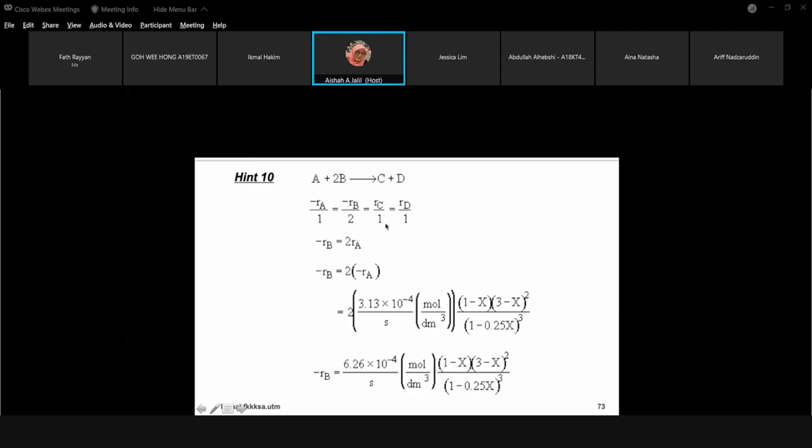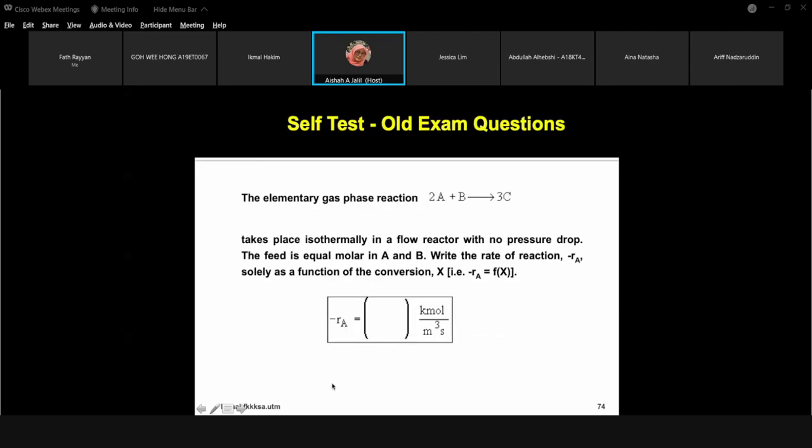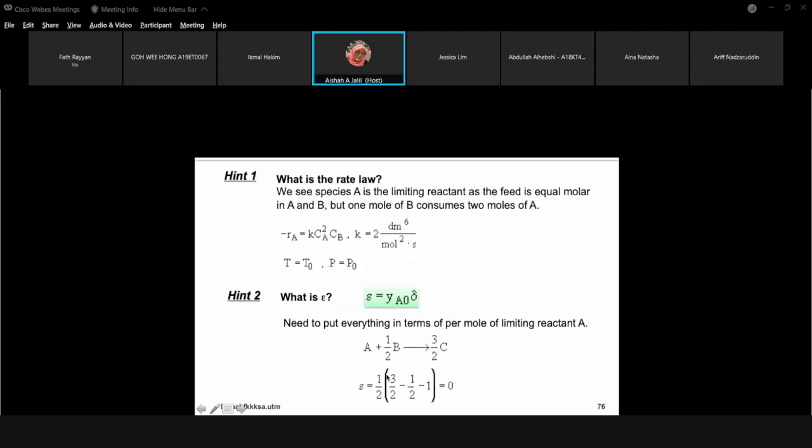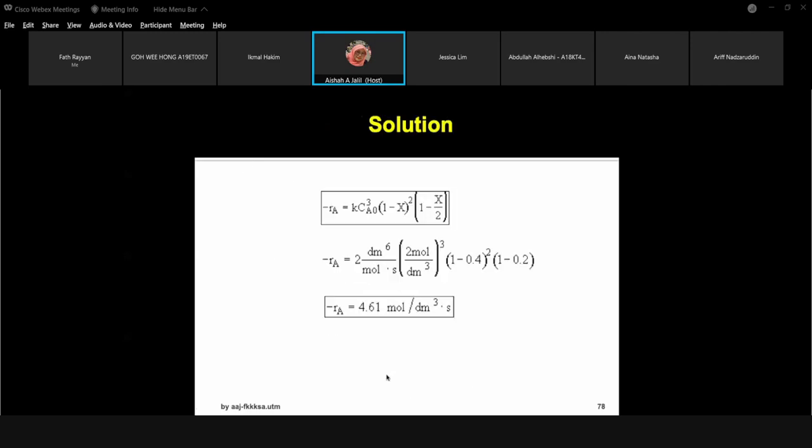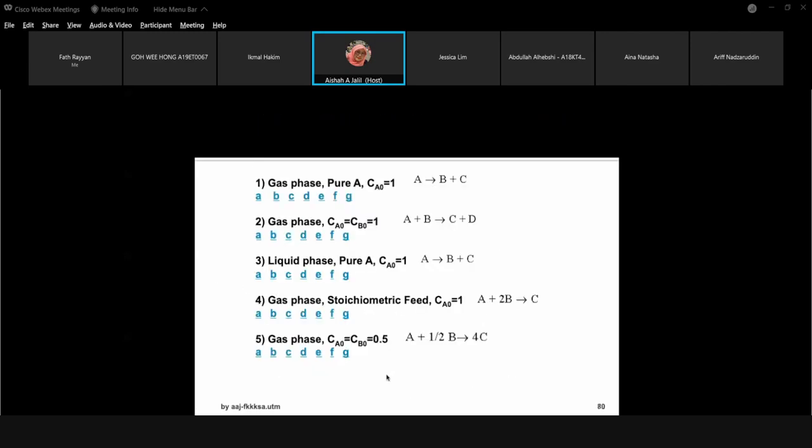If you can remember in the question, in the hint, if you know the rA, you can write also for the RB, RC, RD based on the relative rate of reaction. This is for RB. Yes, all. This is also an example. Same.